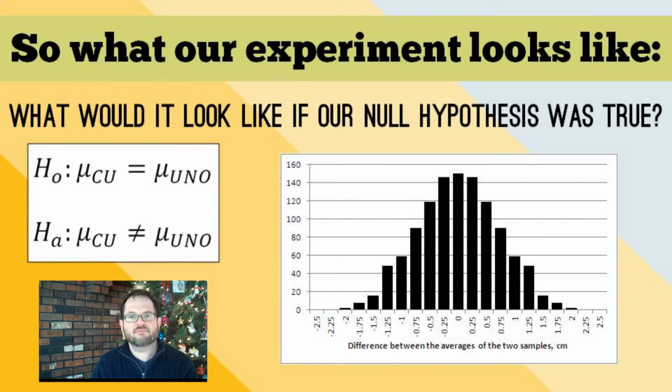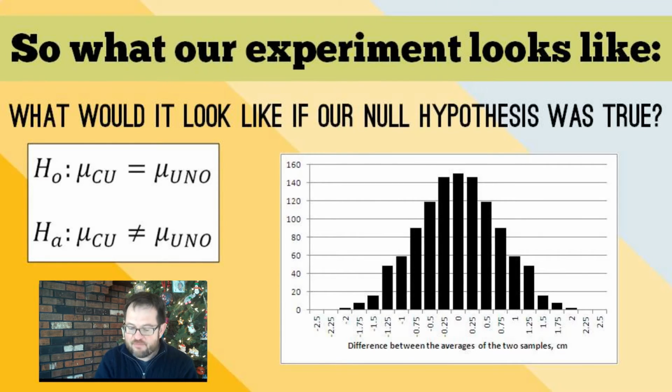But sometimes the difference is not that small, just by dumb chance. Maybe a bunch of tall students happen to be in my sample for Creighton, or a bunch of short students just happen to be in my sample for UNO. That happens. You can see in the distribution it doesn't happen a lot, but sometimes it does. So there's a bell-shaped curve to this distribution of y bar CU minus y bar UNO if we're still believing in that null hypothesis.